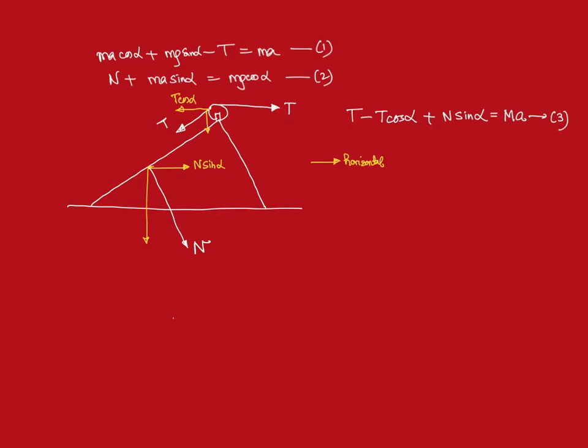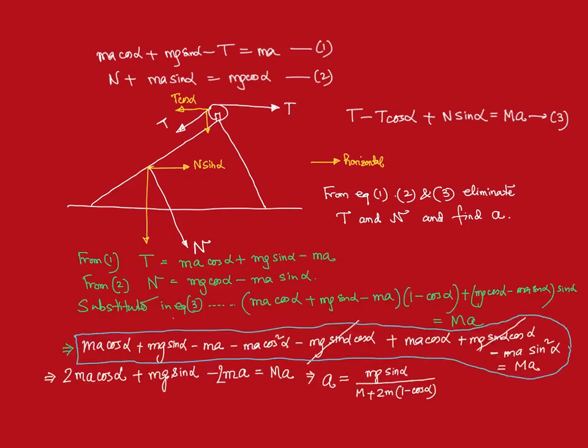And now from equations 1, 2 and 3 you have to find out A. From equations 1, 2 and 3, you have to eliminate T and N and find out A. So just see what I have done: from equation 1 find out T in terms of A, and from equation 2 find out N in terms of A and substitute in equation 3.